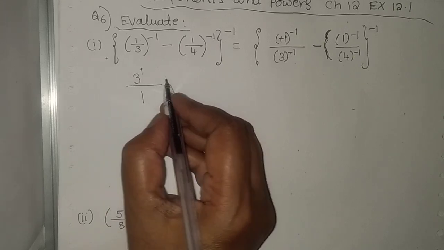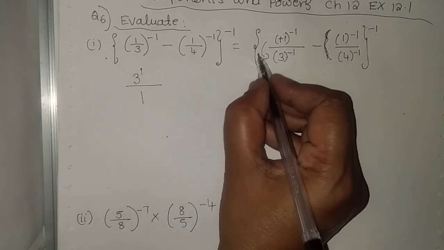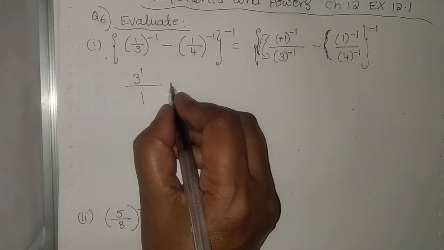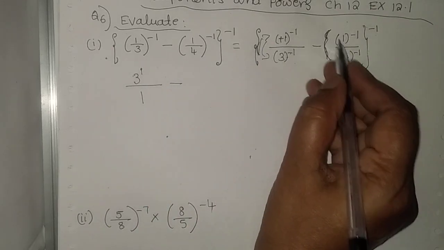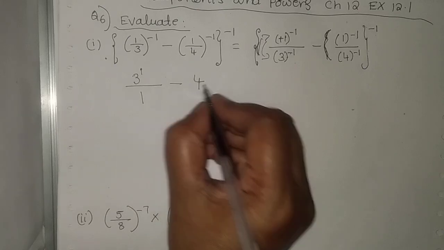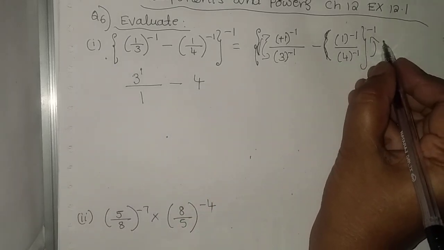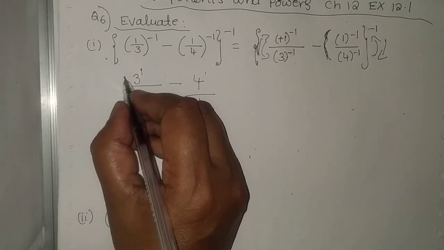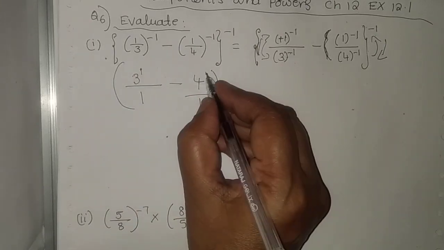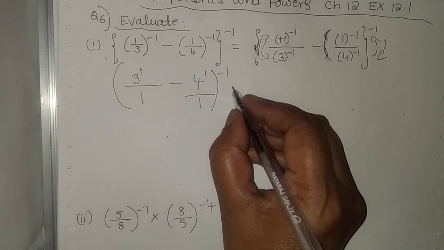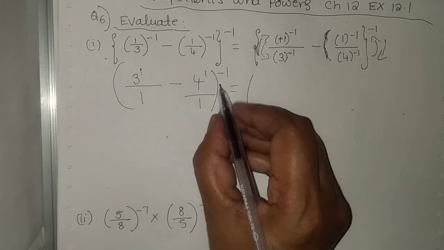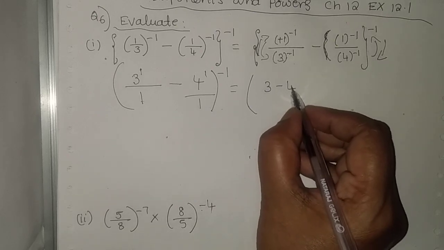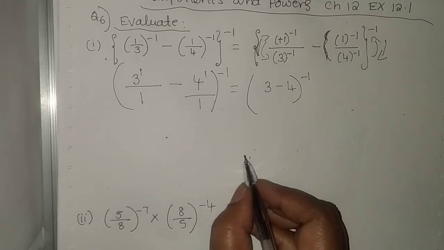Then 1 comes down, interchanging numerator to denominator and denominator to numerator. Here 4 goes to the numerator, same thing here also, and 1 comes to the denominator. Then we have the outer power minus 1. After this we'll get (3 minus 4) to the power minus 1.